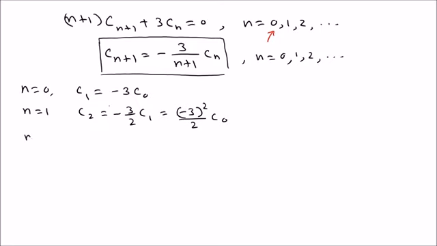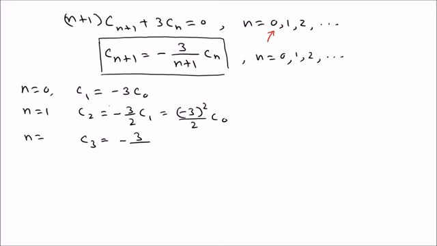And then go with the next value. So keep writing until you see a pattern. Actually, I missed the value. This is n equals 2.